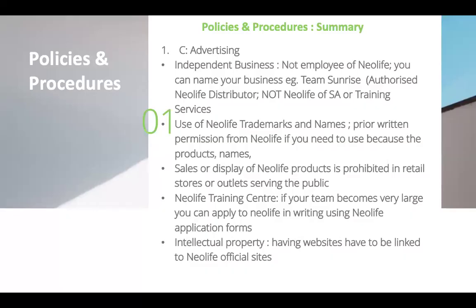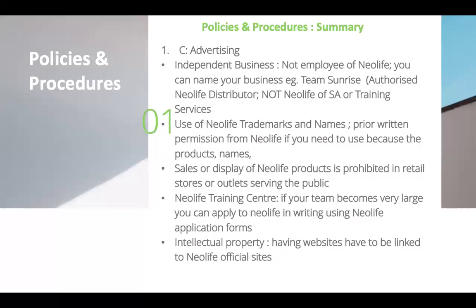All right? The next thing is the sale or display of Neolife products. Displaying Neolife products, or selling them, is prohibited in retail stores or outlets that serve the public. For example, I cannot open a retail shop in my street in Pretoria and display the Neolife products.